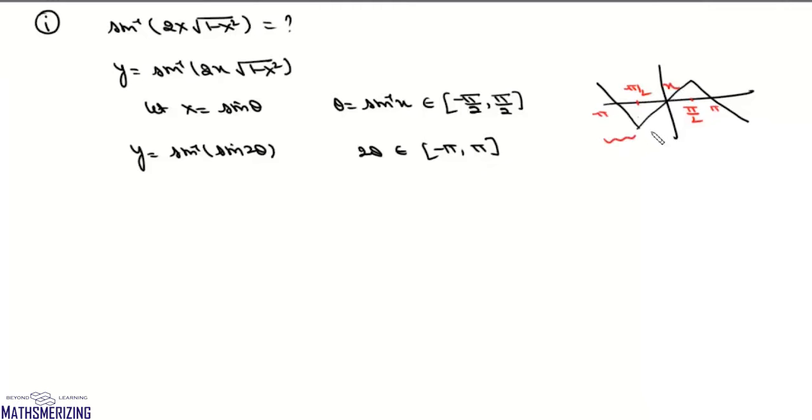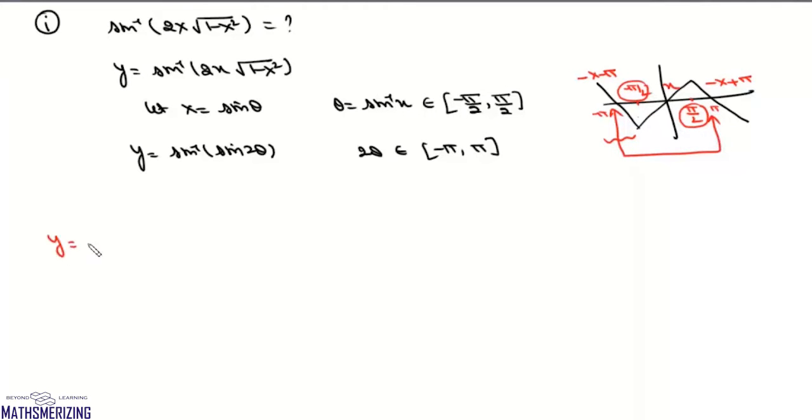Between minus pi and minus pi by 2, it is minus x minus pi. And between pi by 2 and pi, it is minus x plus pi. Now in this interval from minus pi to plus pi, there is a change of definition at minus pi by 2 and there is a change of definition at plus pi by 2. So here we have to consider 3 separate cases.